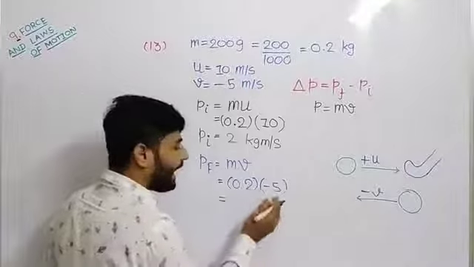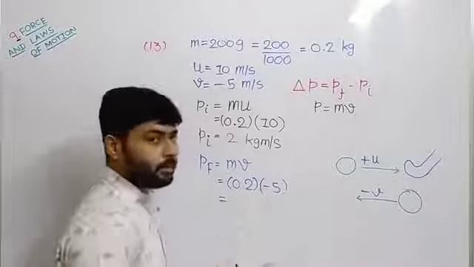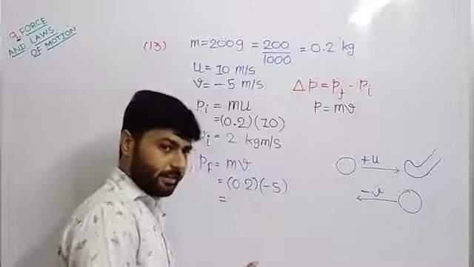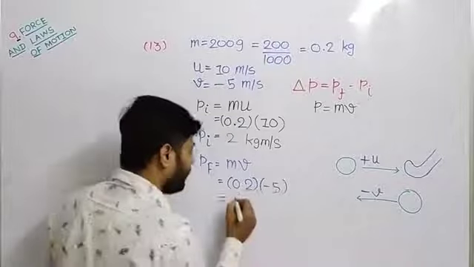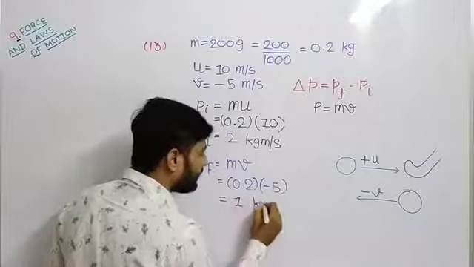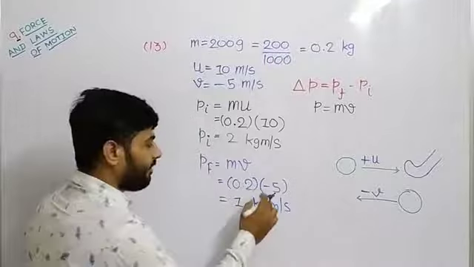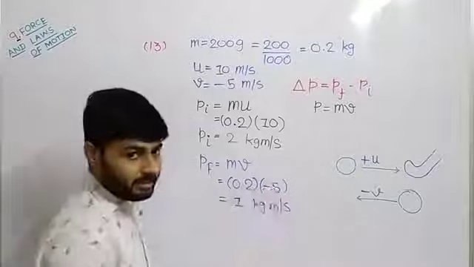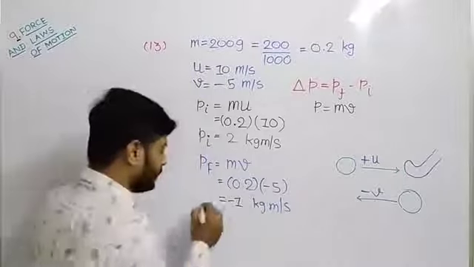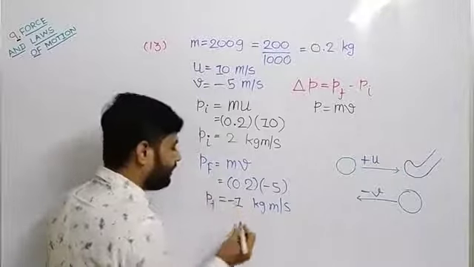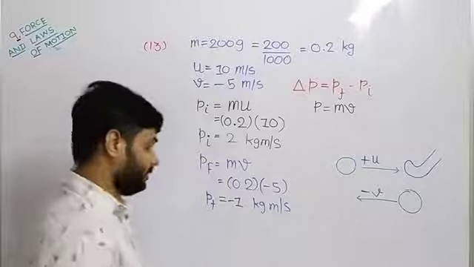So here 5 twos are 10, and this 0.2 means 2 divided by 10, so this 10 will be cut. So I have 1 kg meter per second. But here we have 0.2 into minus 5, so don't forget to put this negative sign. So we have PF is equal to minus 1 kg meter per second.